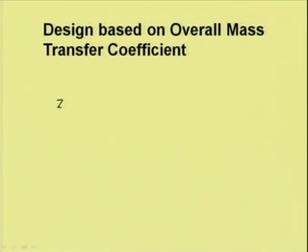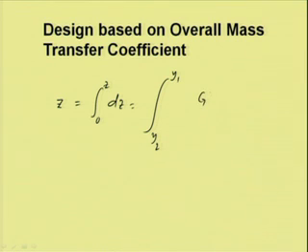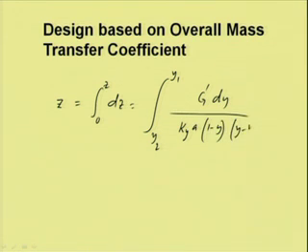So, z would be equal to integral 0 to z dz, which is integral y2 to y1 g dash dy by capital Ky A 1 minus y minus y star.